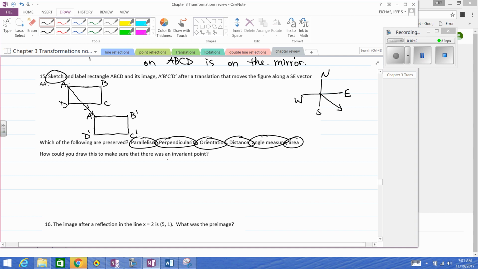How could you draw this to make sure there was an invariant point? We can't unless the translation vector is 0, which means nothing moves. Distance is 0, means nothing moves.